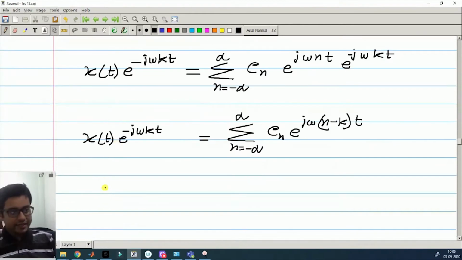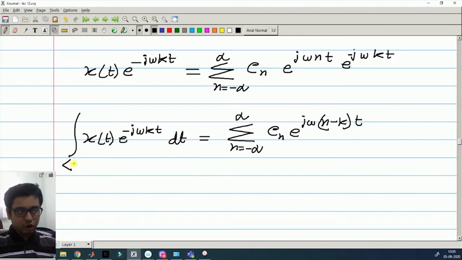Now let us integrate both sides with respect to time over a complete cycle. You can put the integration sign here over a complete cycle, dt.